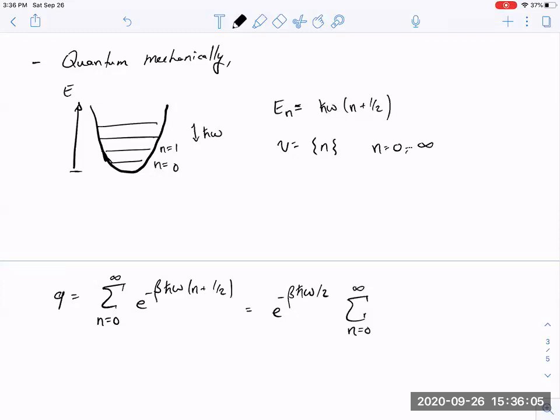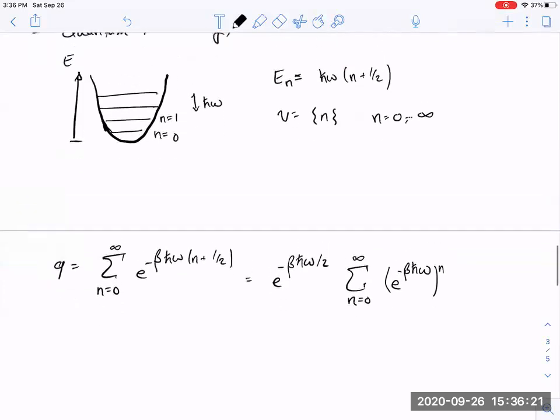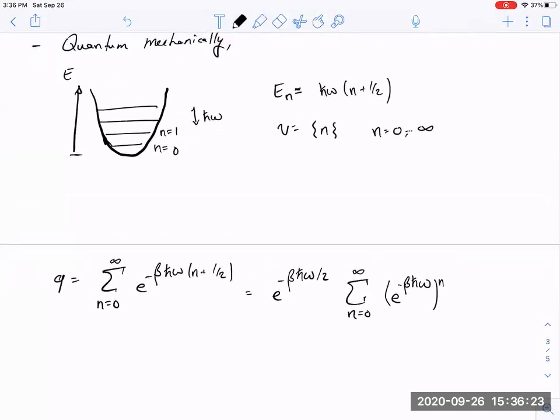And what I'm left with after I pull that constant factor out is e to the minus beta h bar omega times n, but I can write that in a fancy way as raising that exponential to the n. Now note, a sum from 0 to infinity of some number, it's a complicated looking number, but it's just some number, to the n. This is a well-known sum that can be evaluated. It's a geometric series.